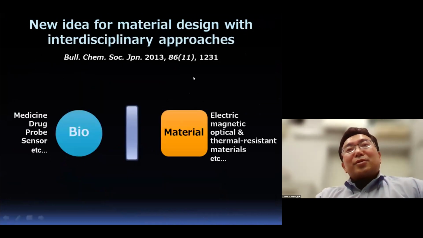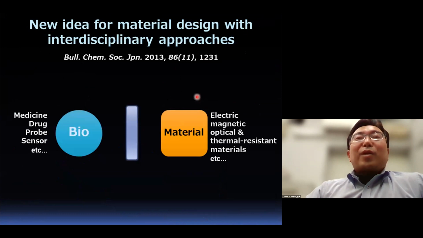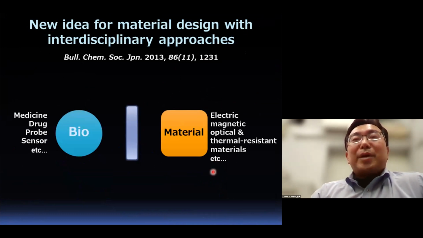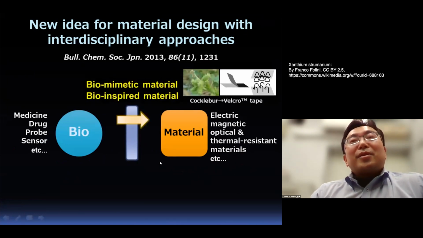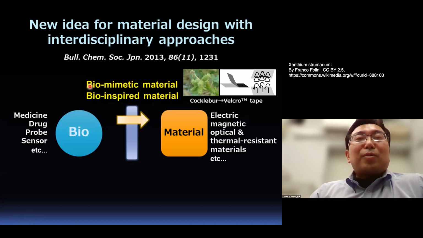And usually we are focusing on the development of functional materials based on polymers and inorganic elements. But in this research field, one effective design strategy is the concept named biomimetic materials.